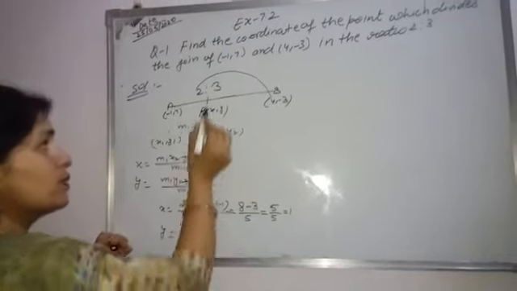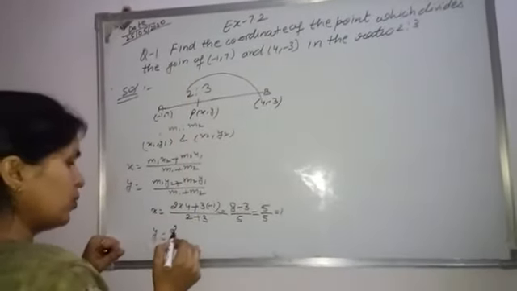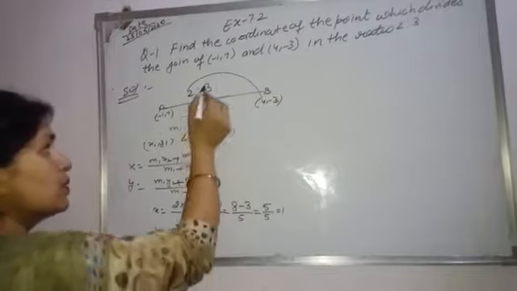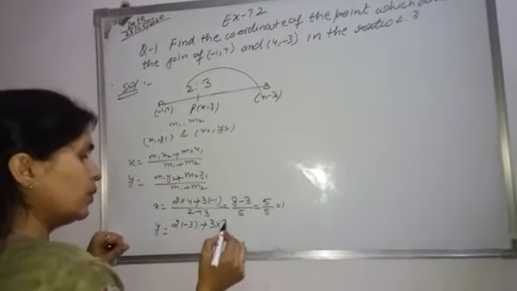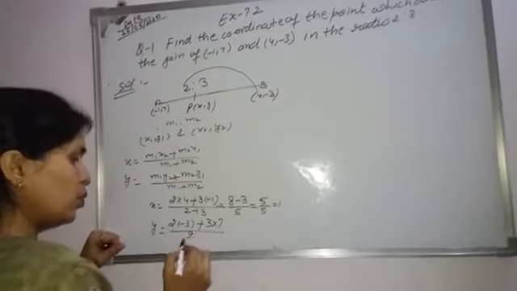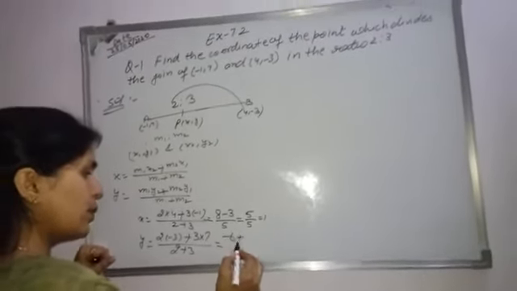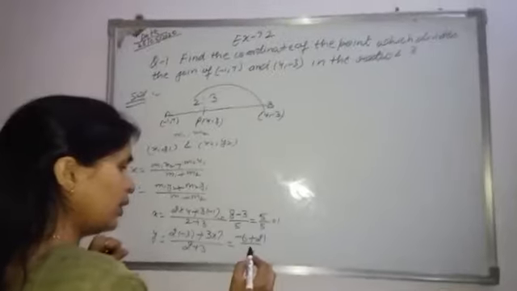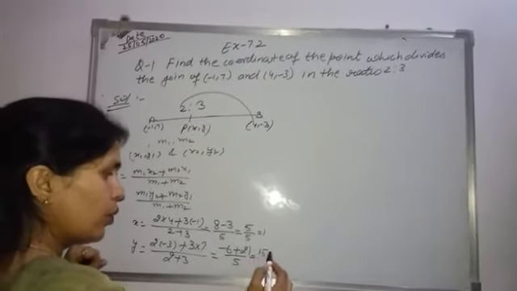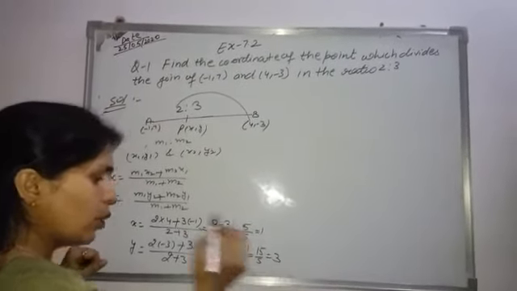Now for y: 2 into minus 3 plus 3 into 7 divided by 2 plus 3. 2 into minus 3 is minus 6 plus 21 divided by 5, and this is 15 divided by 5, which is equal to 3.